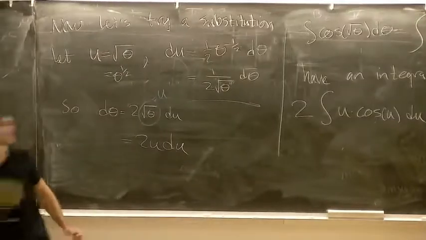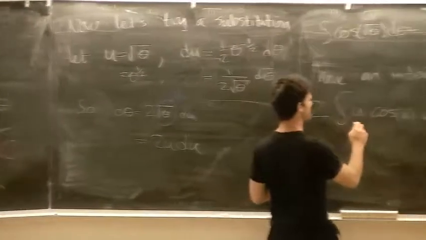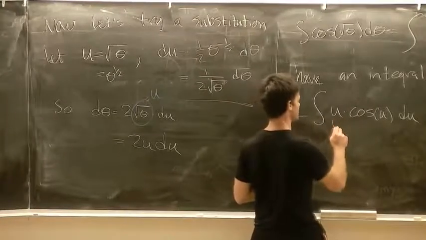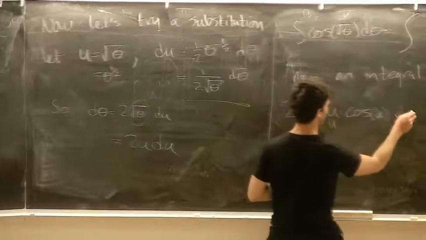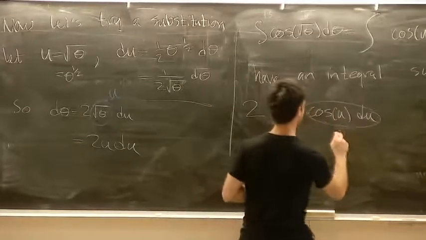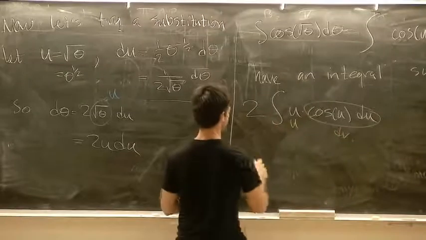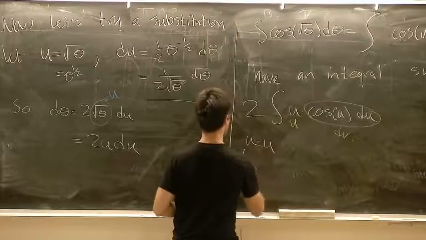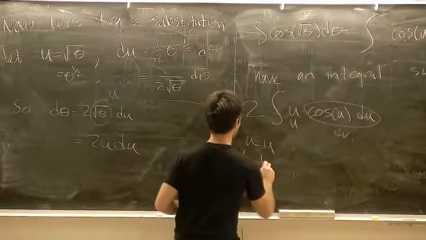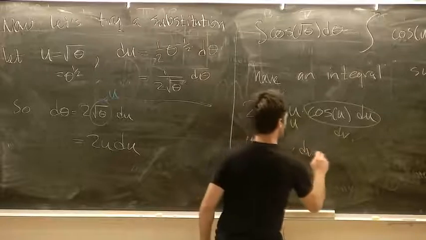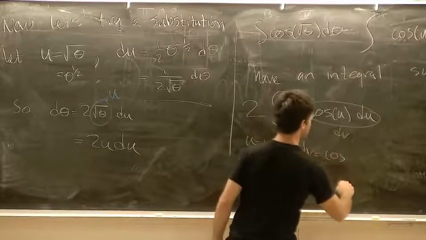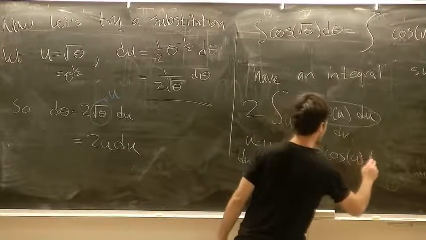We're going to let u equal u, and this will be my dv. So u is u, du is, well, du, and dv is cosine u du.